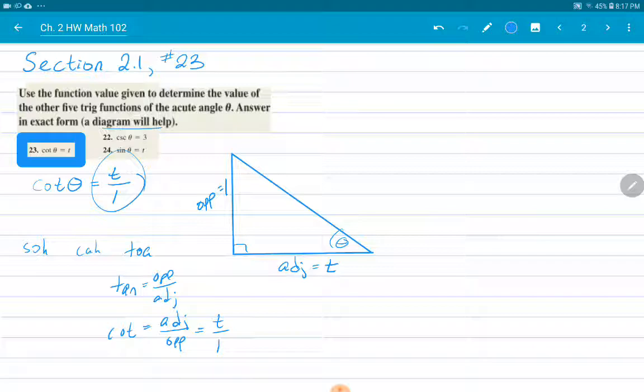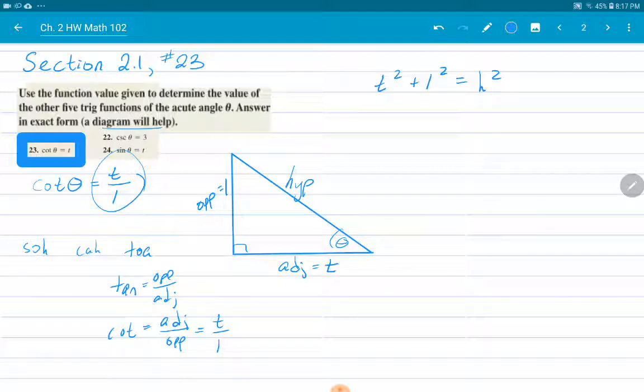So to find the hypotenuse, I can use the Pythagorean theorem. I have t squared plus 1 squared equals the hypotenuse squared. Let's call it c squared. I'll call it h.